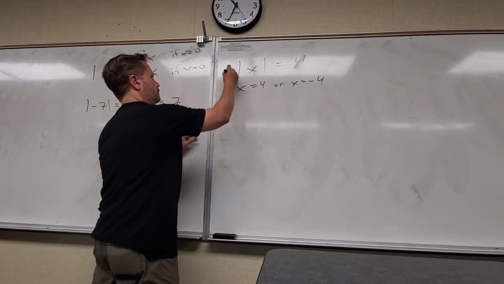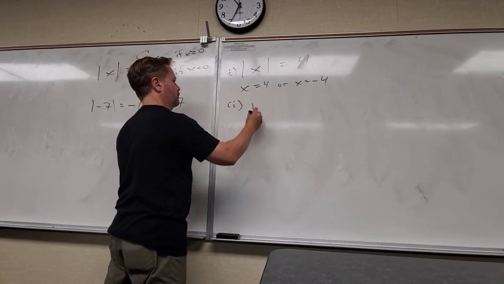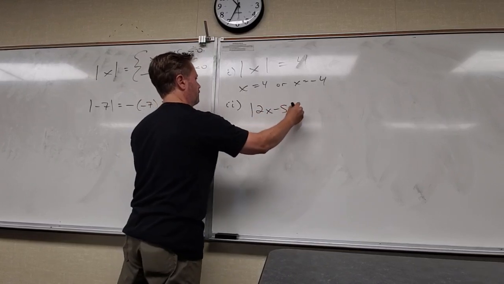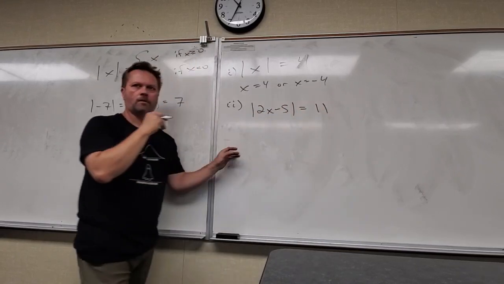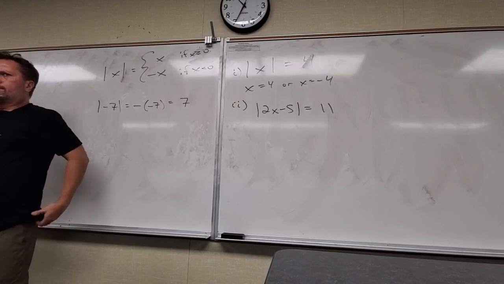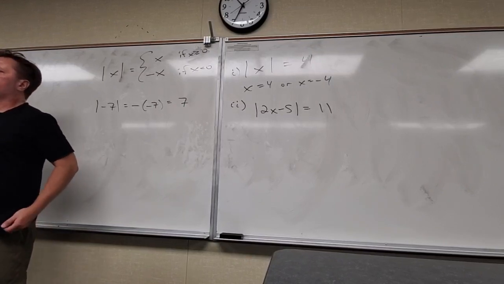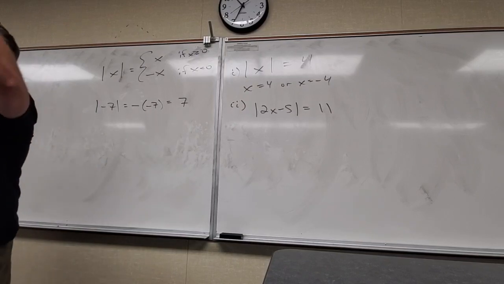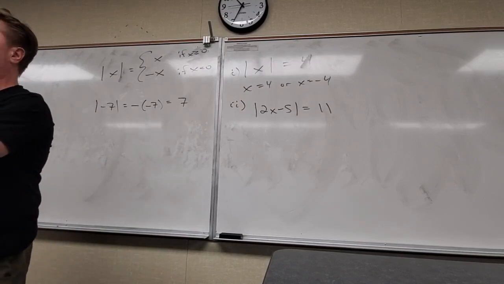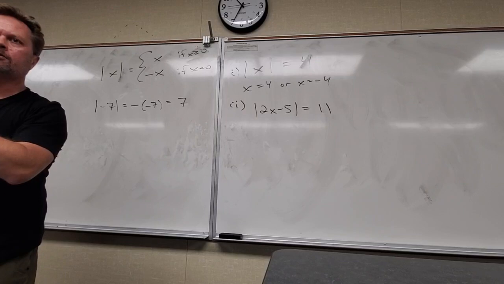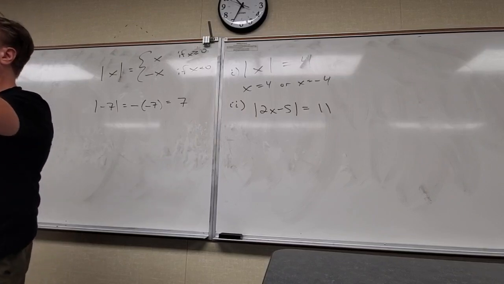So here's the last problem we'll do. What about this problem? What is 2x minus 5? If I knew what x was, what would 2x minus 5 become? It's a weird question, I know. But if x was 3, 2x minus 5 becomes a number, correct? You guys with me?